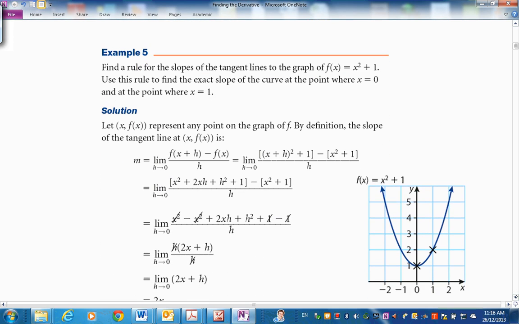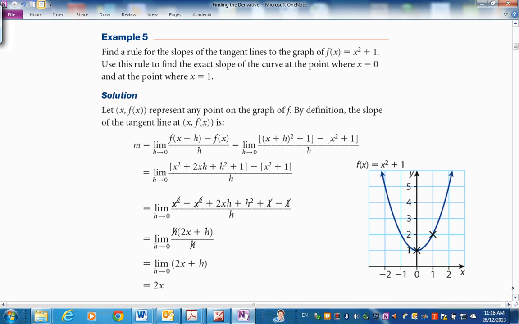Okay, let's have a look at an example here from Pearson's now. Screen clippings from Pearson's here, and we'll just bring this whole example up. There it is. Find a rule for the slopes of the tangent lines to the graph of f of x equals x squared plus 1. Use this rule to find the exact slope of the curve at the points 0 and at 1. So if we do it from first principles, that should be written there, first principles, because we will learn quick rules for doing this later on in this presentation.